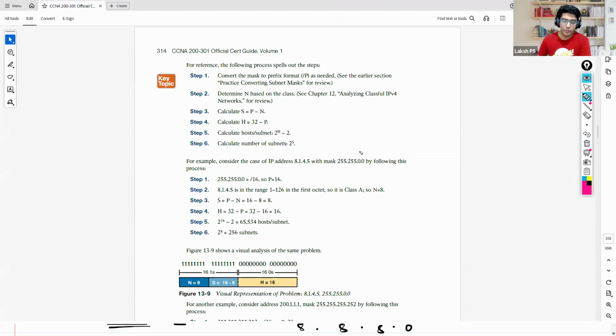Let's go through that. It says, find out the P bits, network bits, host bits, and the subnet bits for an IP address 8.1.4.5 with an address mask of 255.255.0.0.